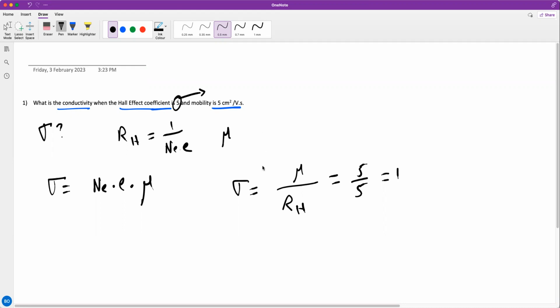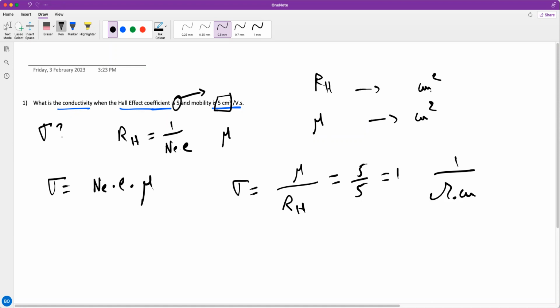Professor, don't we have to change 5 centimeters squared to meter squared? Okay, so, as I explained in class, the easiest way: if the Hall effect is given in centimeter cubed, and the mobility is given in centimeter squared, the result, the sigma, will be 1 over ohm centimeter.